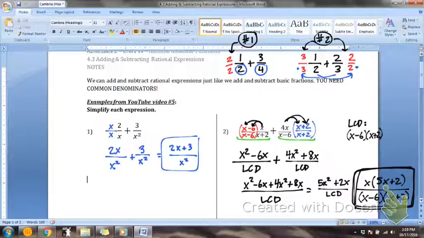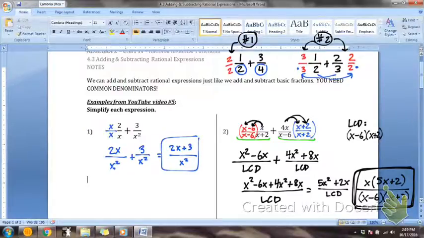Now, the reason that we want to factor that numerator, we pulled that x out, is because sometimes we might be able to cancel like we learned in last lesson. Like if that 5x plus 2 was just an x plus 2, we could cancel it with a denominator x plus 2, right? So that's why we always want to make sure that we factor the numerator when we get finished. We're going to do some more of these to help.